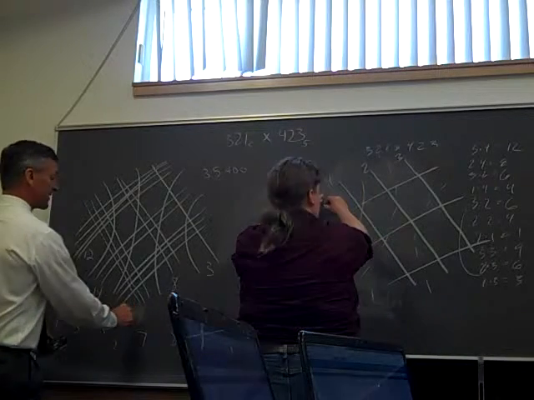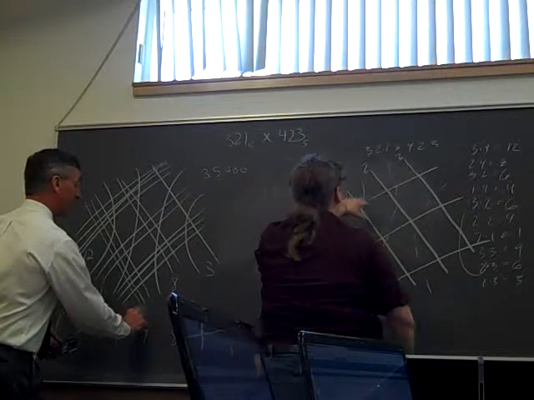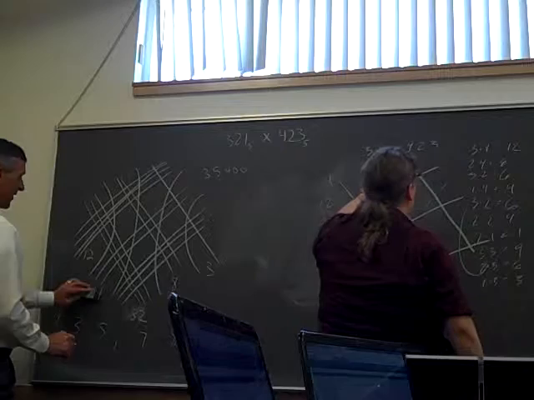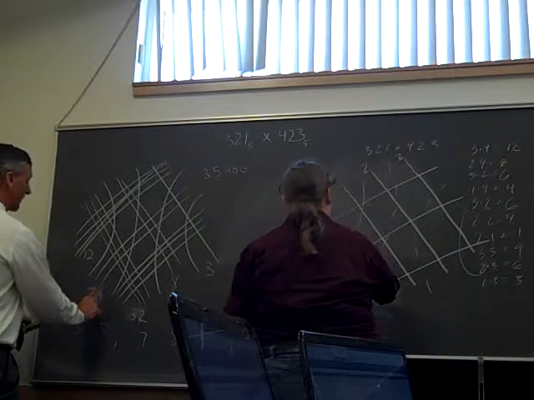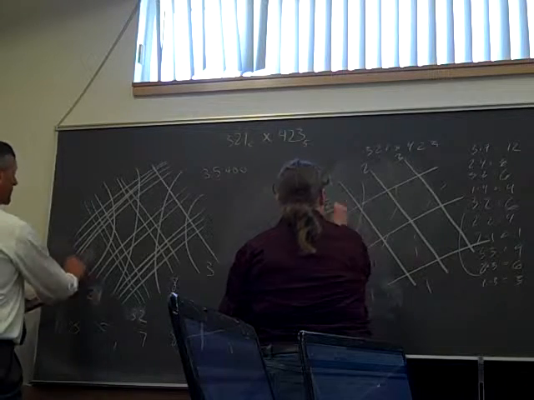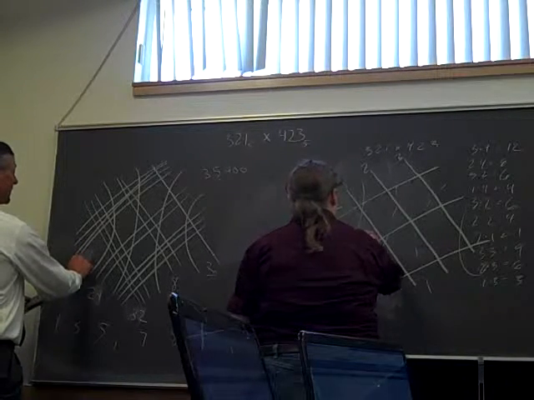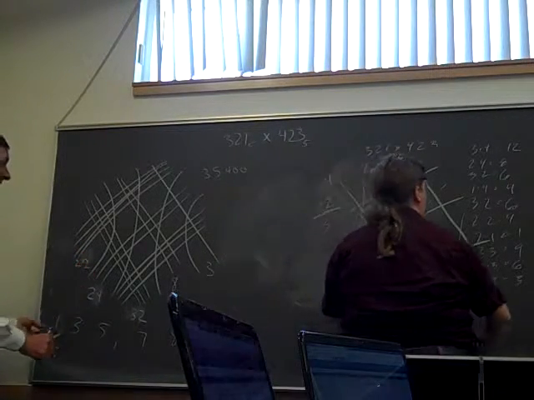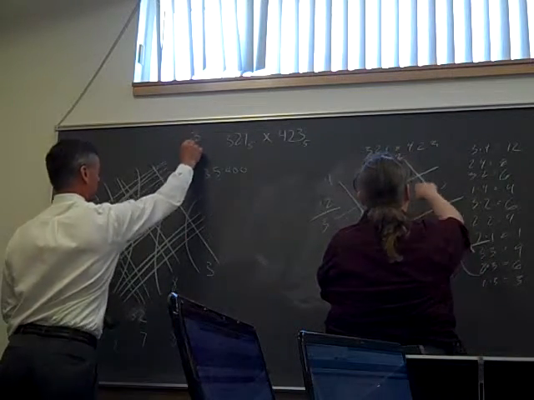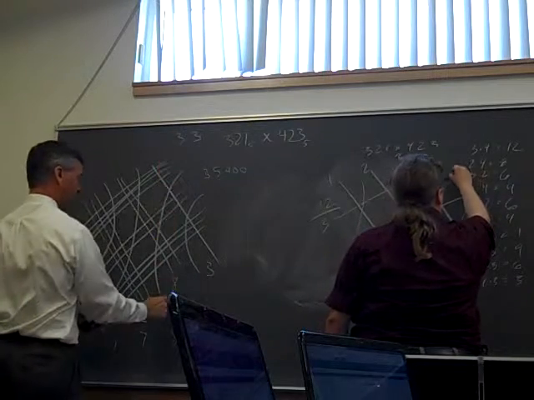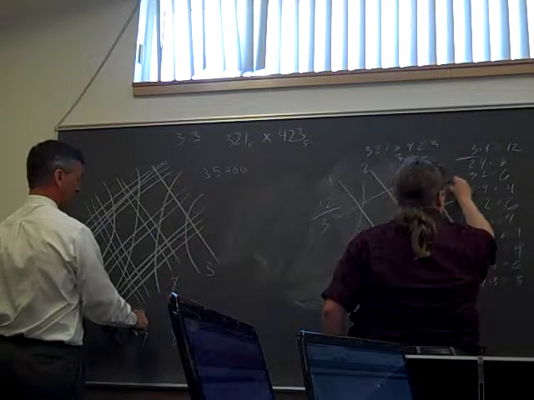This 17 is going to be 3 groups of 5 with 2 left over. 14 becomes 2 groups of 5 with 4 left over, and 12 becomes 2 groups of 5 with 2 left over.